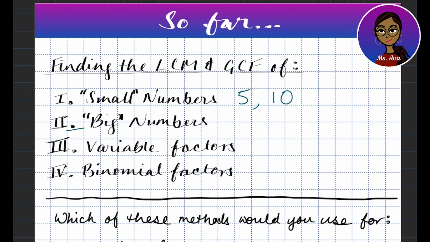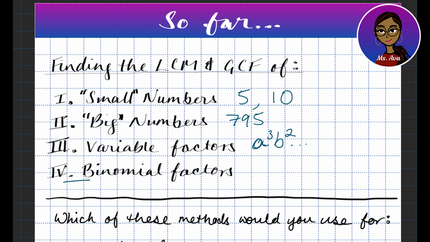And then we went over a process for finding the LCM and GCF of bigger numbers, like 795 and so on, just big numbers with a lot of factors. And then we went over a process for finding the LCM and GCF of just variable factors and bases. So this was like the a to the third, b to the second, those kind of problems.